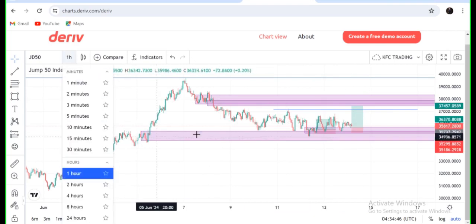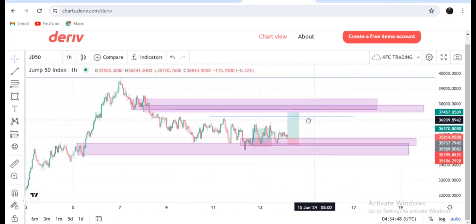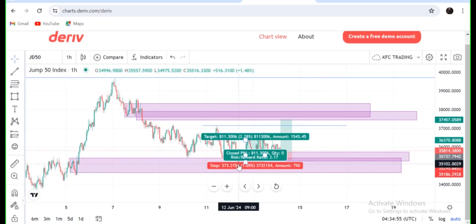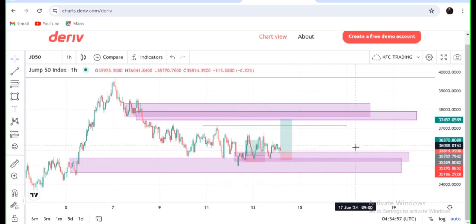After spotting that, I spotted again this particular one. The first mitigation block was here, the second one is just a little bit above that, just around this side.